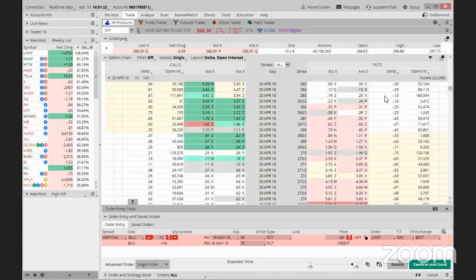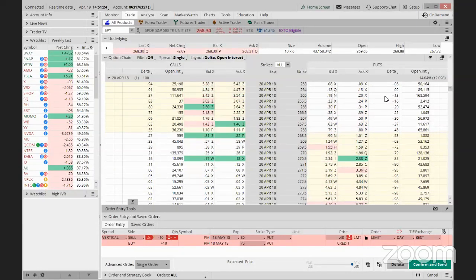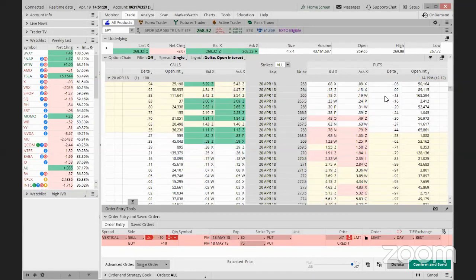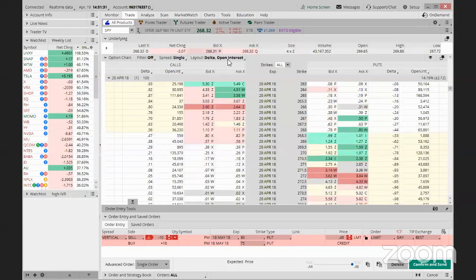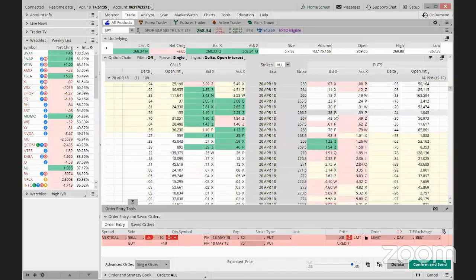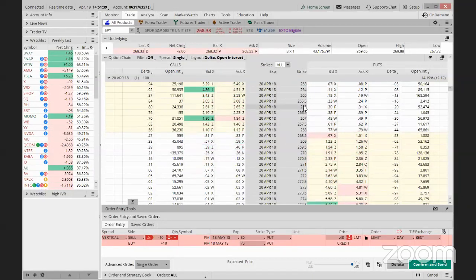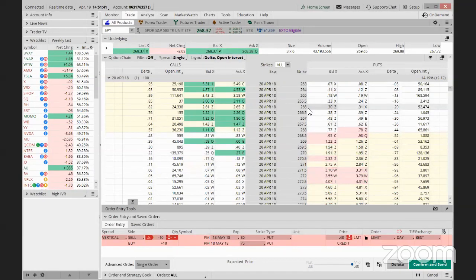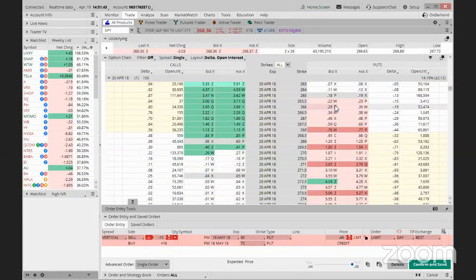Let's see, anything else I need to show you while I'm showing you the option screen? And then, you always hear me talking about, hey, you can pick your own poison. So you could go $1 lower. So the 266 puts, and sell them for 30 cents instead of 46.